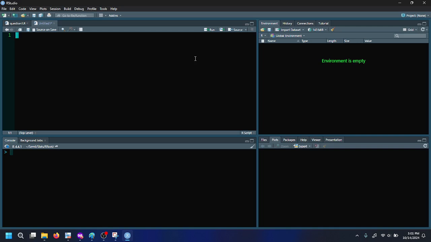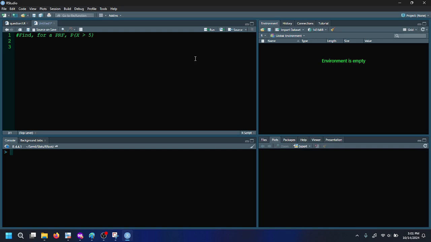So let's say this is the task: find for a Poisson random variable the probability that it is greater than 5.